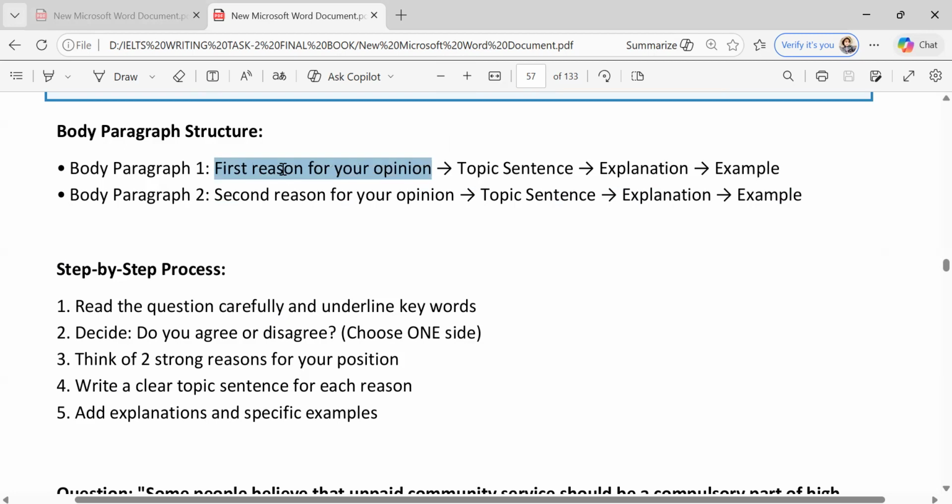If you remember yesterday, we studied that when you write an introduction, in the thesis statement, you outline 2 points, 2 reasons why you agree or disagree. So the first point you had mentioned in your thesis statement, that I agree because of this point, you supported there. So the first reason for your opinion, and then the second reason for your opinion, the second paragraph.